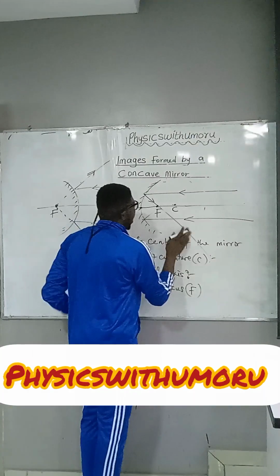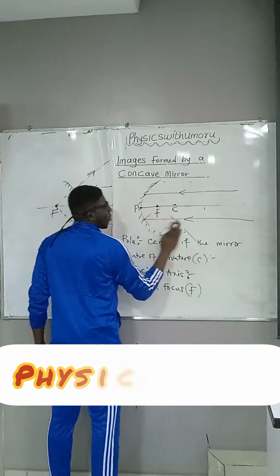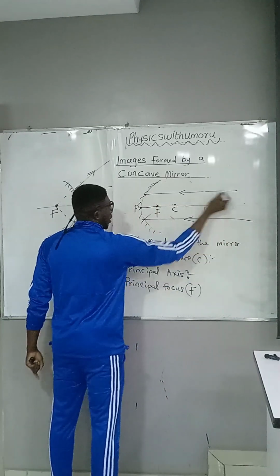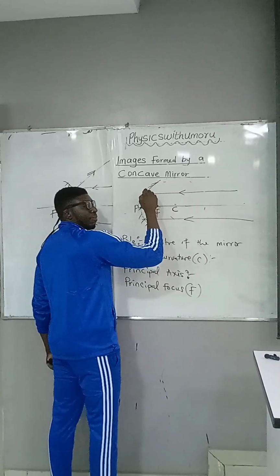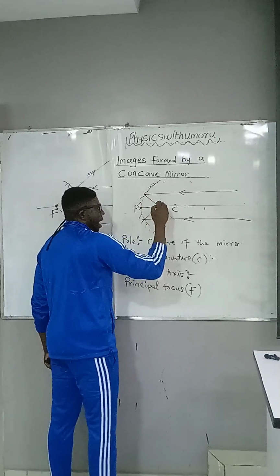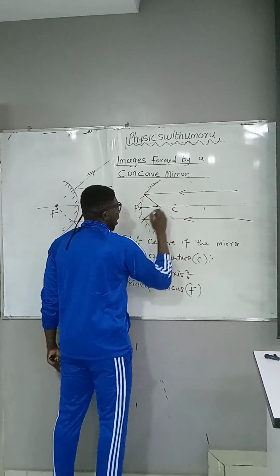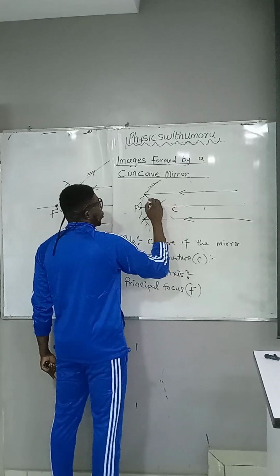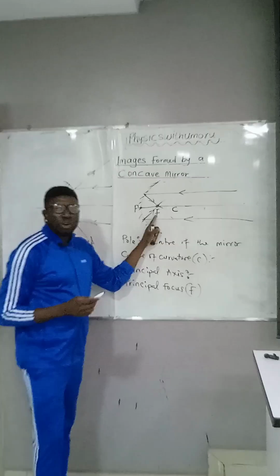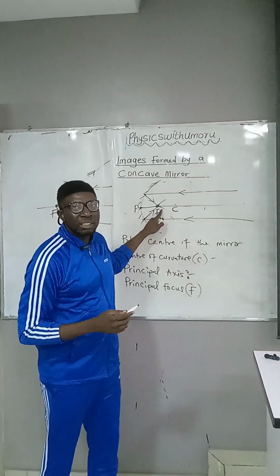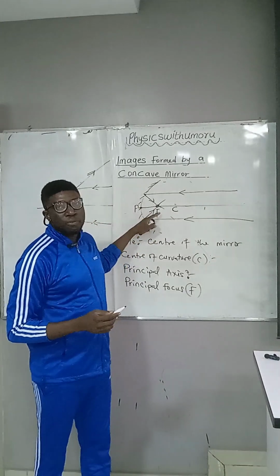And for this one, these incident rays coming here, when they hit the mirror and are reflecting, they have to converge here. So this point of convergence is called the principal focus of a converging mirror, or the principal focus of a concave mirror.